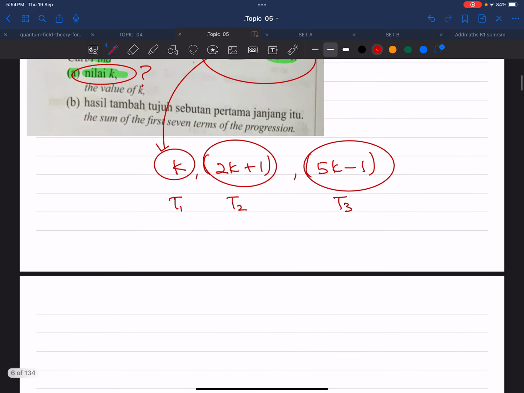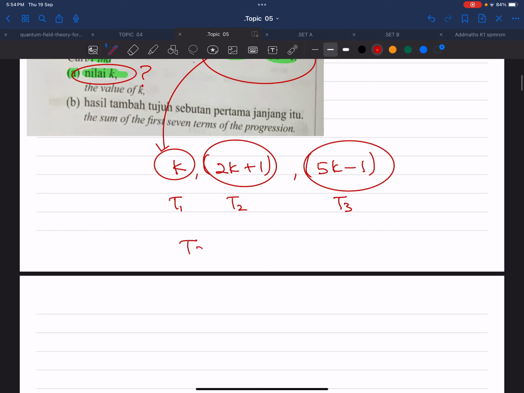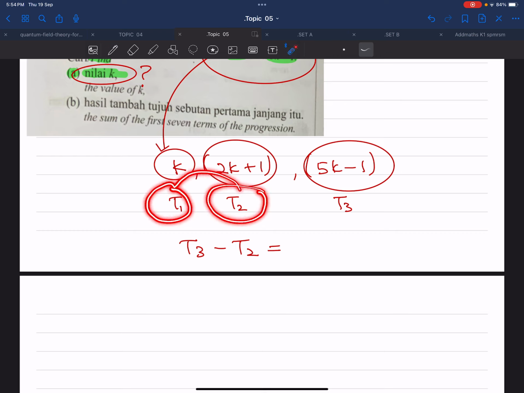And if you remember, if you are given consecutive terms, the formula is T3 minus T2 is equal to T2 minus T1.